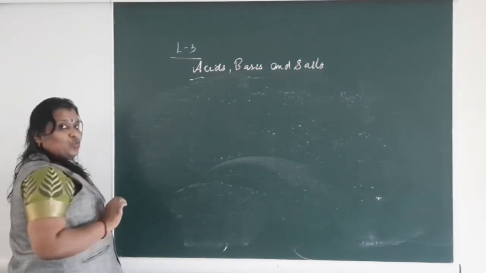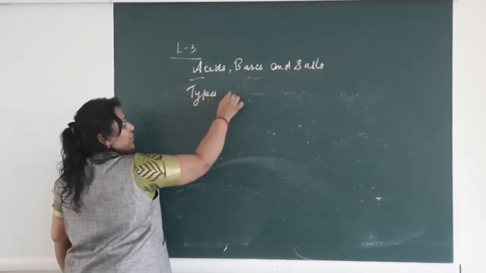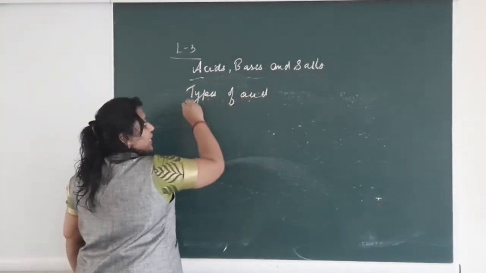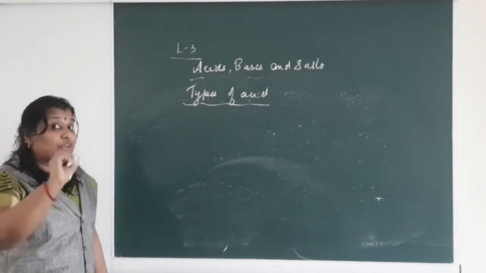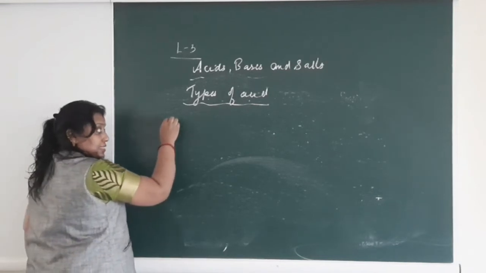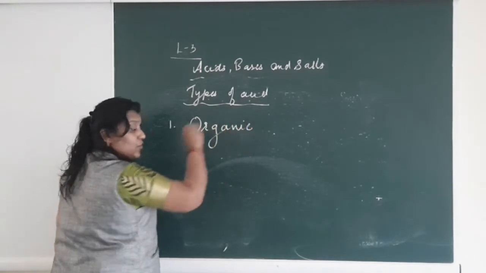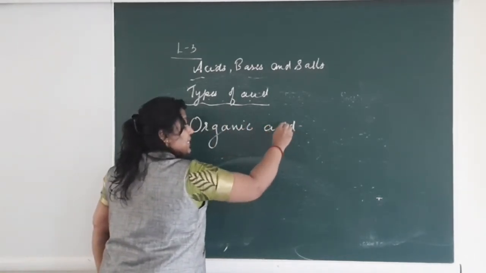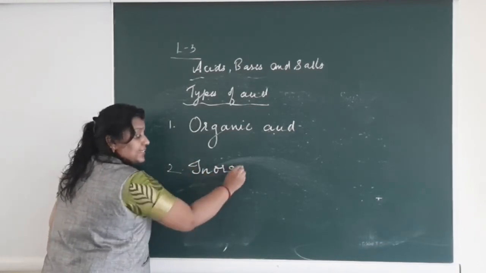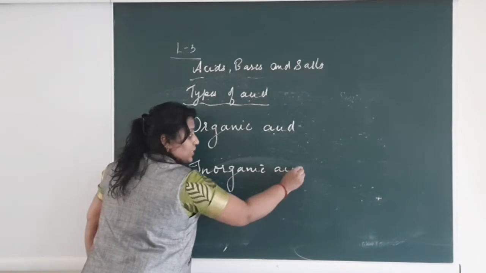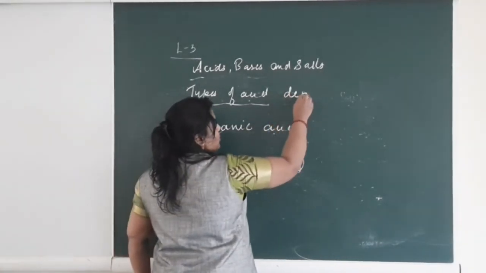When we come to the types of acid, the first classification of acid is dependent on the source, the source from where this acid is obtained. The first one is organic acid, and the other one is inorganic acid.